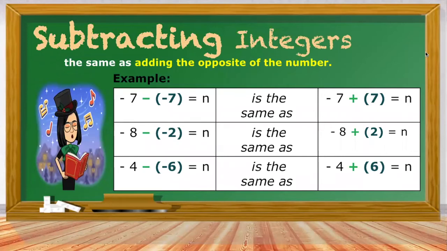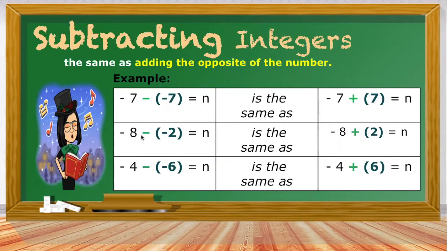Next set of numbers. Negative 7 minus negative 7 is equal to n is the same as negative 7 plus the opposite of negative 7, which is positive 7, is equal to n.